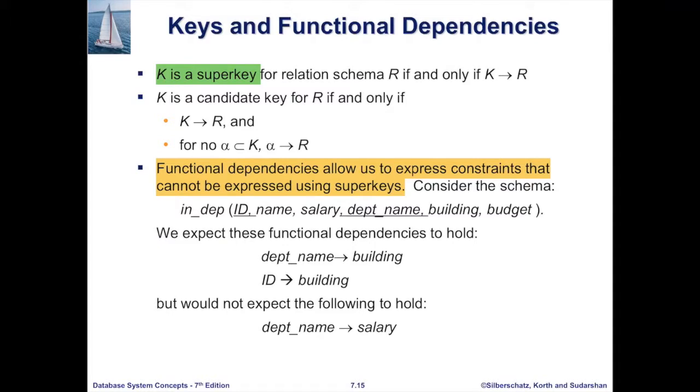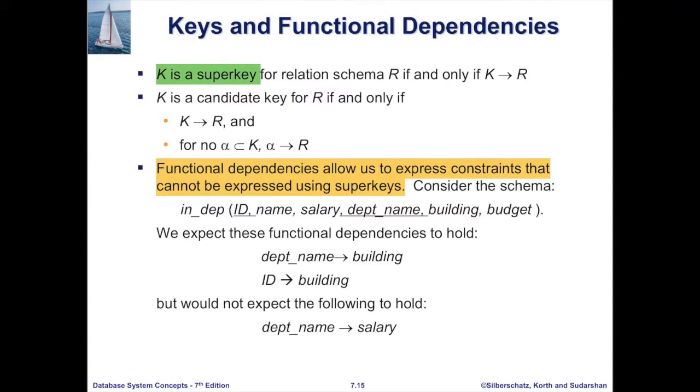So if K is a superkey for a particular relation, suppose R, then we can say that K o yung set ng attributes in K ay may functional dependency to R. Okay? And that is vice versa. If there exists a functional dependency from K to R, then K is a superkey for relation schema.